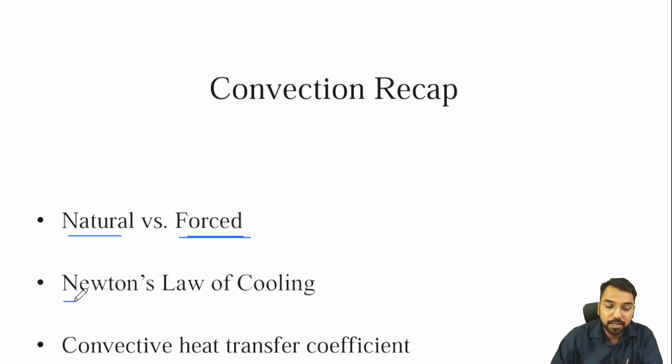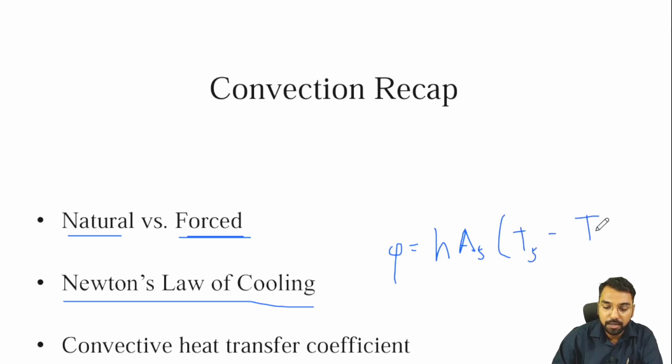In convection, the governing equation is obtained from Newton's law of cooling, whose mathematical form is Q = h As (Ts - T∞), where Q is the total heat transfer to be achieved, h is the convective heat transfer coefficient, As is the surface area involved in heat transfer, Ts is the temperature of that surface, and T∞ is the ambient or surrounding temperature.